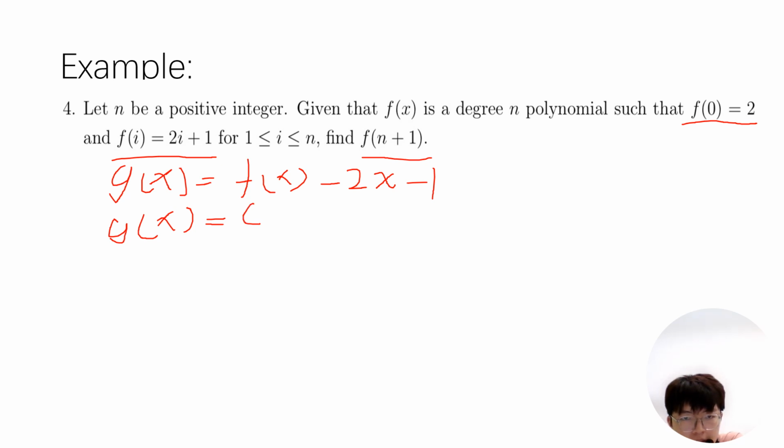So we can write this as g(x) equals c times (x minus 1)(x minus 2) up to (x minus n).